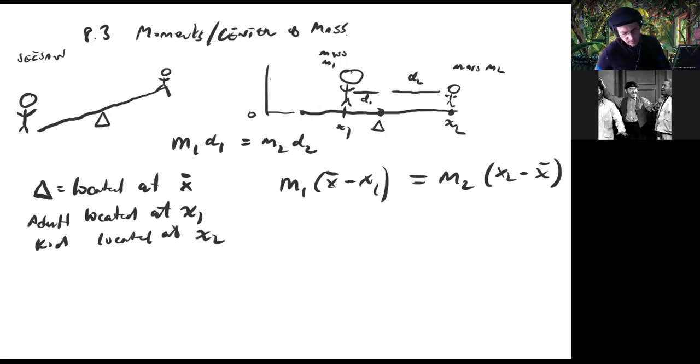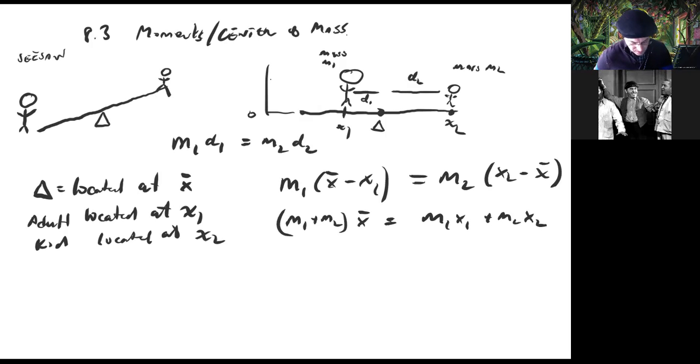So therefore we get this equation. Now we can rewrite it in the following way. We can take the x bars and put them together. So you get m1 plus m2 times x bar equals m1 x1 plus m2 x2.